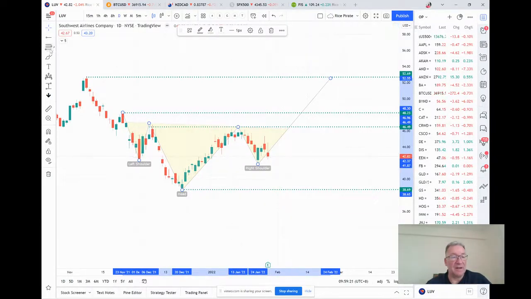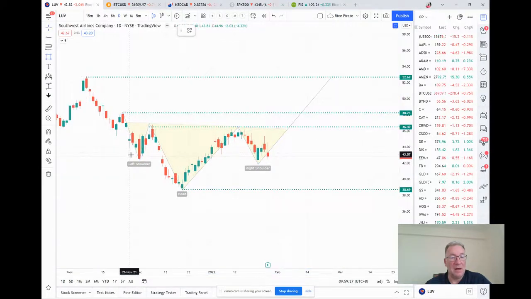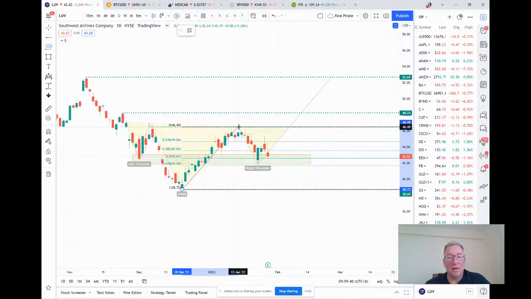But the first thing that I see is, we're kind of in that area. And the fib from here to here, we have bounced on 60, almost on 61.8, but we could go further.